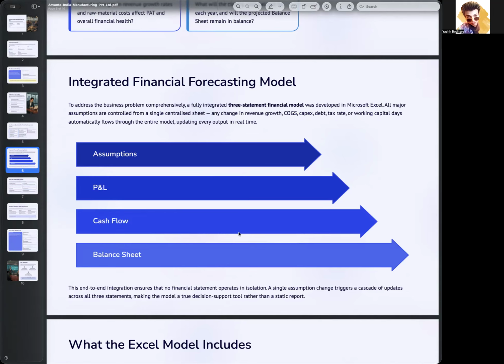So this integration is the most important feature of the workbook. It ensures that the P&L, cash flow statement, and the balance sheets are not operating as three separate reports. They are functioning as one connected financial system.